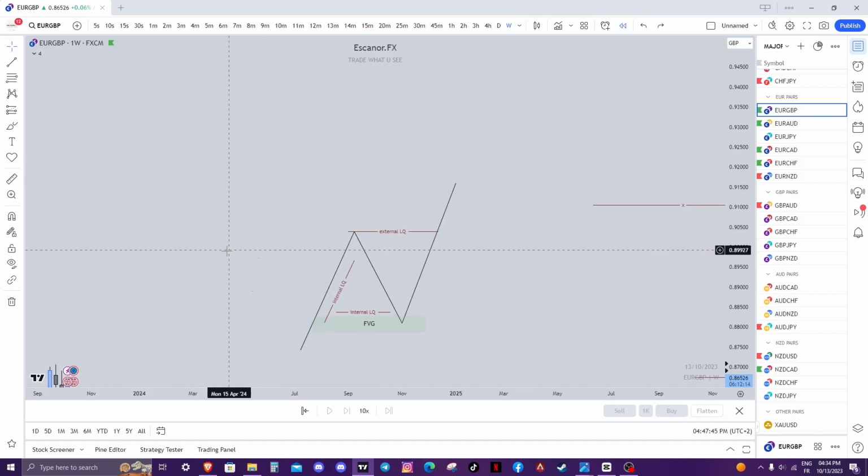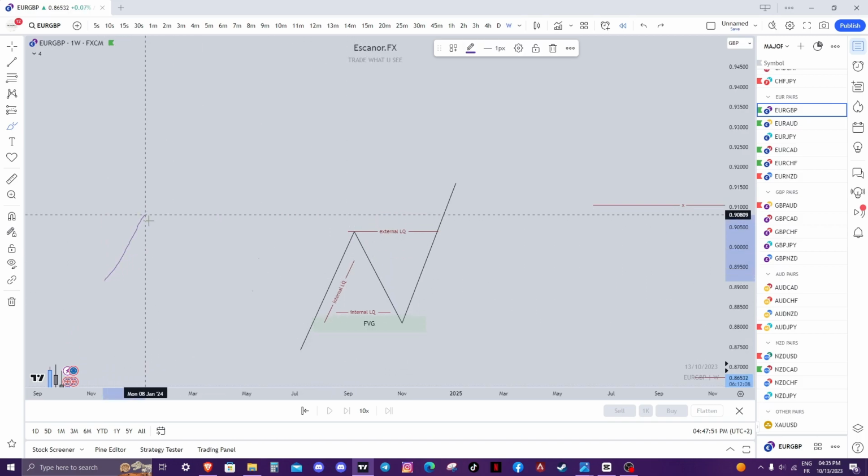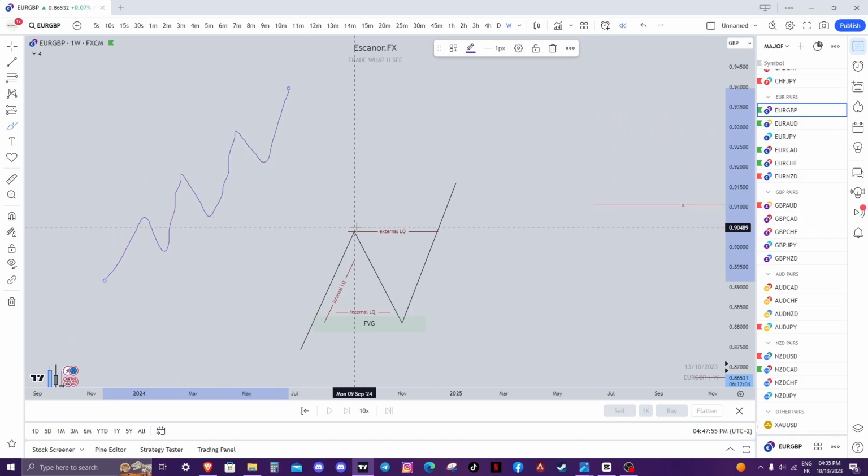So the internal range liquidity, let's draw this leg here on some lower time frame. Let's imagine that this leg from this high to this low is one range. Every low here represents internal range liquidity, and so does every form of retail liquidity. For example, here we have a support and resistance level.